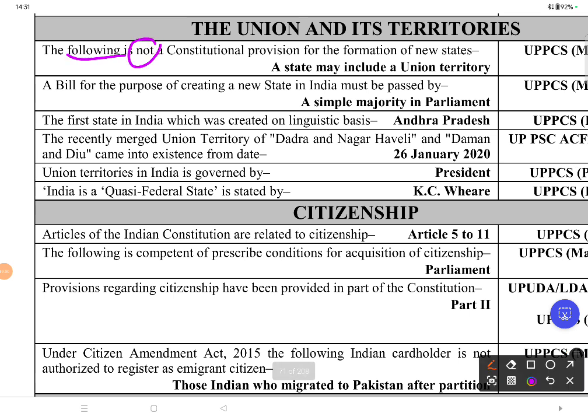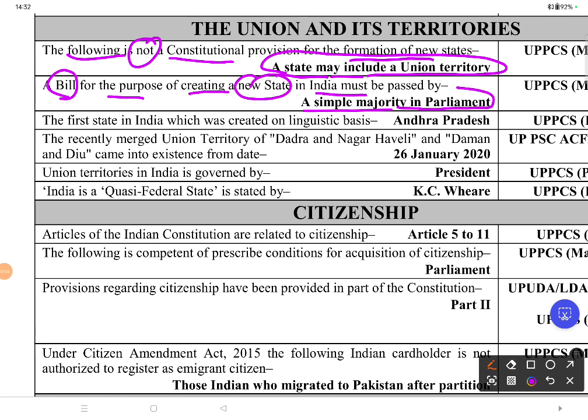The following is not a constitutional provision for the formation of new states: a state may include a union territory. A bill for the purpose of creating a new state in India must be passed by a simple majority in Parliament. The first state in India which was created on linguistic basis was Andhra Pradesh.